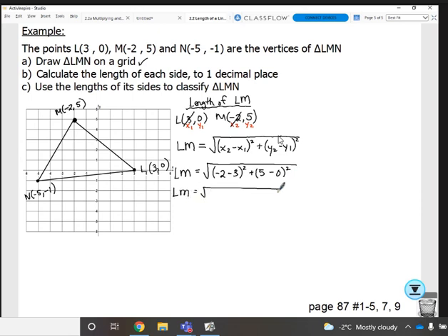LM equals, we get negative 5 squared plus 5 squared, right? And we're just using BEDMAS here. Inside the brackets, now next the exponents, we got positive 25 plus positive 25, and we get the square root of 50, which should be just above 7. 7.07, so we can say 7.1 units.